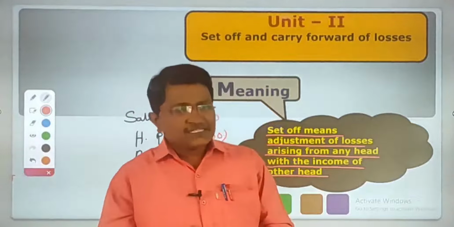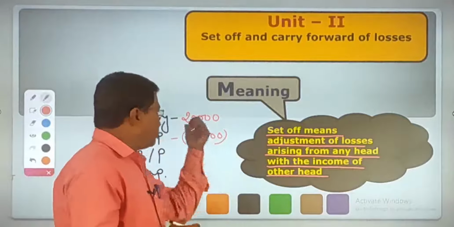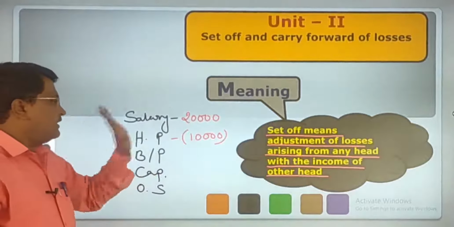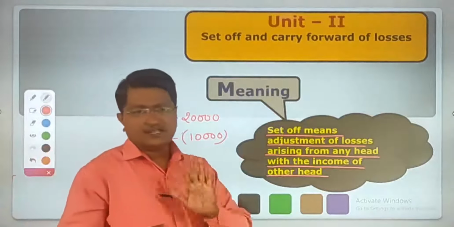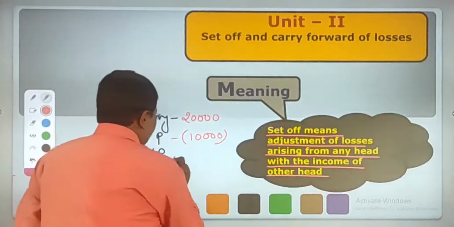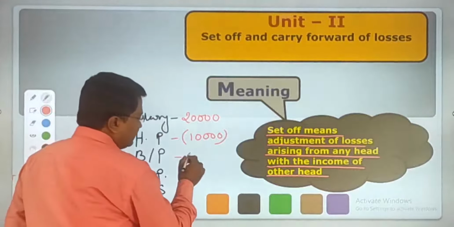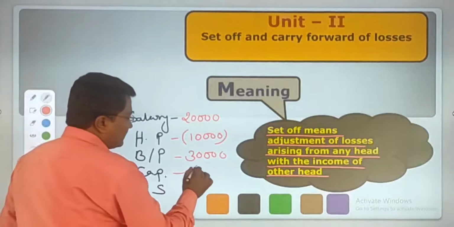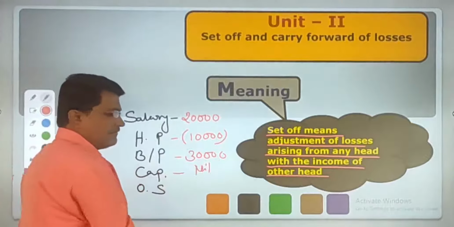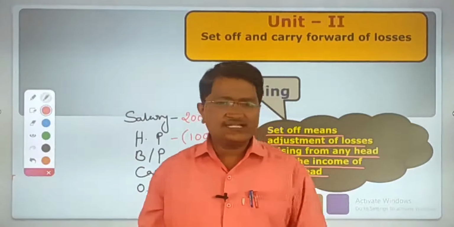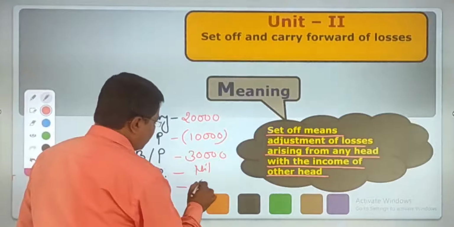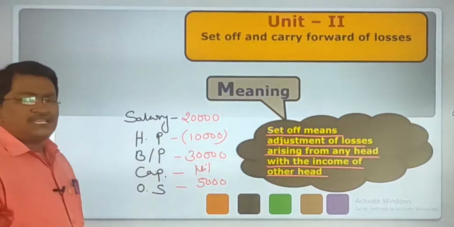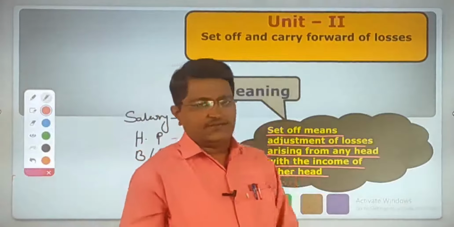Means an assessee having income from salary rupees 20,000 and loss from house property he incurred rupees 10,000, and income from profession and business I take 30,000. Capital gain, he has no income from capital gain, so I take that as nil. And income from other source I will take 5,000. So this is the income of an assessee.